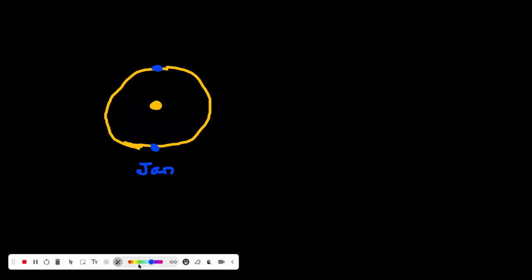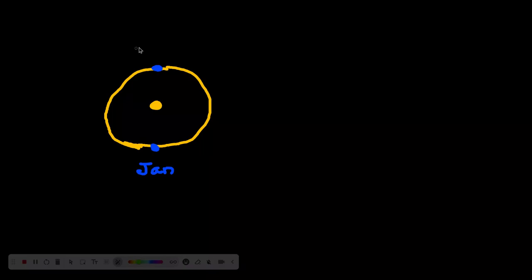Let's just say here's the orbit of the Earth, and we'll have our nice star there, our sun. We'll have the Earth here, and the Earth here. Over here, let's say that's the Earth in January, and over here the Earth in June, at different positions in its orbit around the sun.